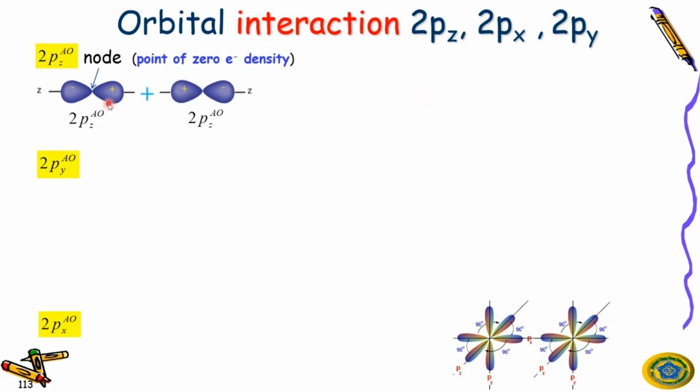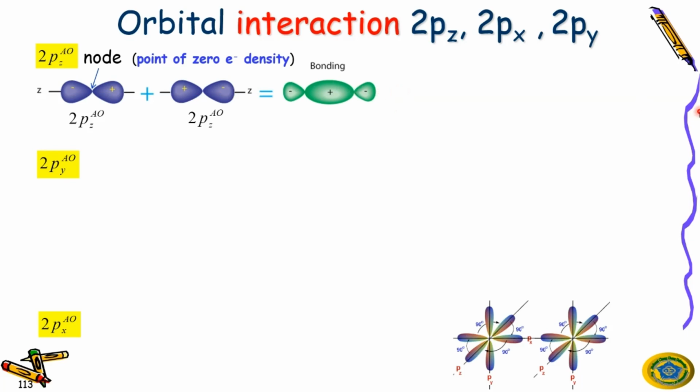This is one nitrogen atom, and this is another nitrogen atom. You put these two together, and if this is a constructive interference, what happens? It will become bigger. So this is called a bonding molecular orbital. When you put these two together, you become bigger, and of course this is a node too.